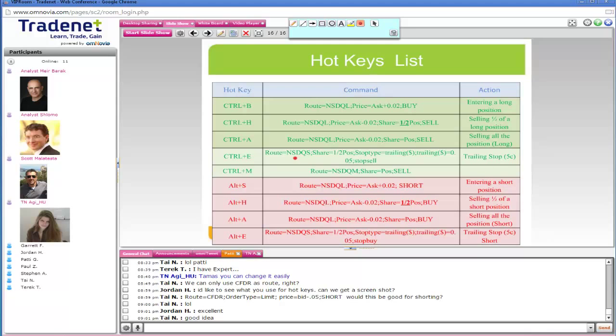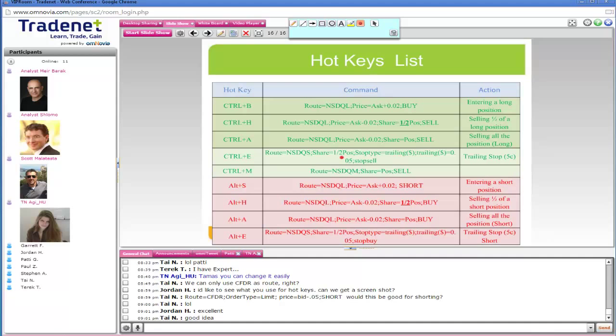So in this kind of order, we are assigning a hotkey of, for example, Control plus E, route equals Nasdaq S. I have to use a Nasdaq S, a stop order, in order to use the trailing command.